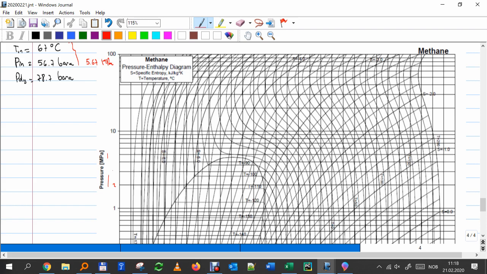Here we have 2, 3, 4, 5, 6, so it will be someplace here. Then I move all the way, a vertical line, a horizontal line, right? And where are the temperature lines in this diagram? If you look very carefully, here we have temperature. These lines that are drawn like this are the constant temperature lines.